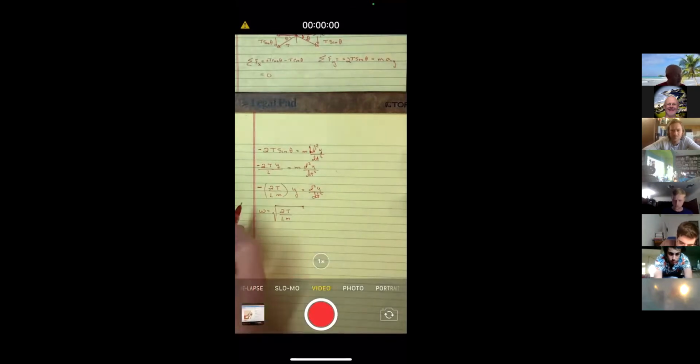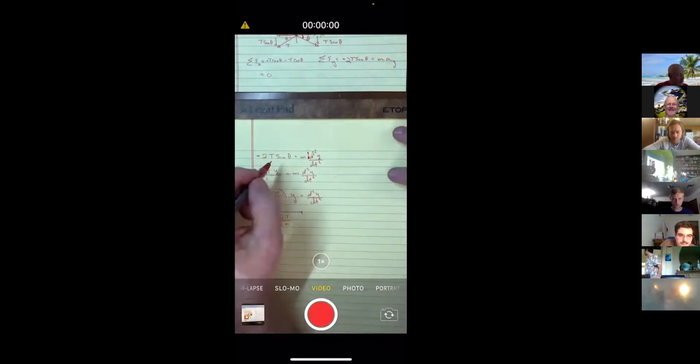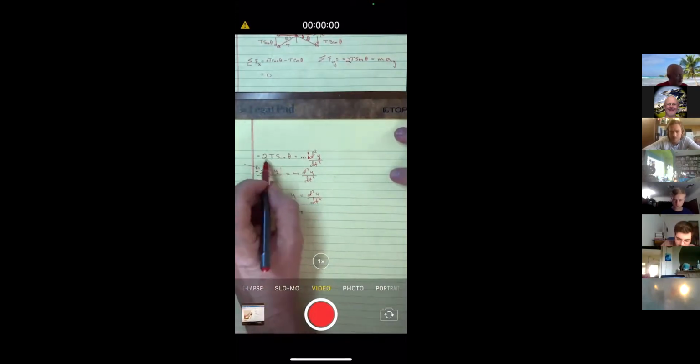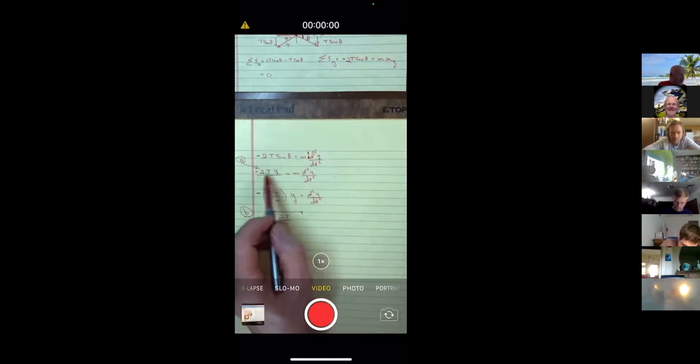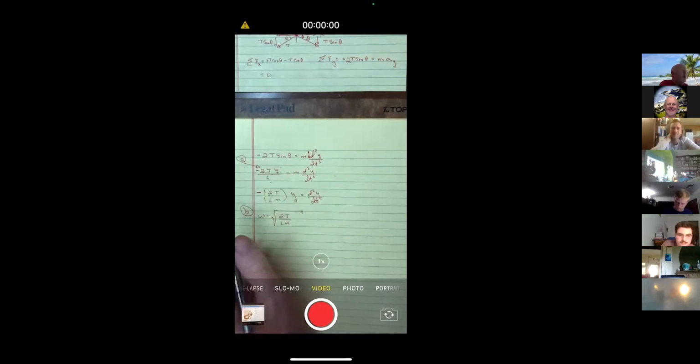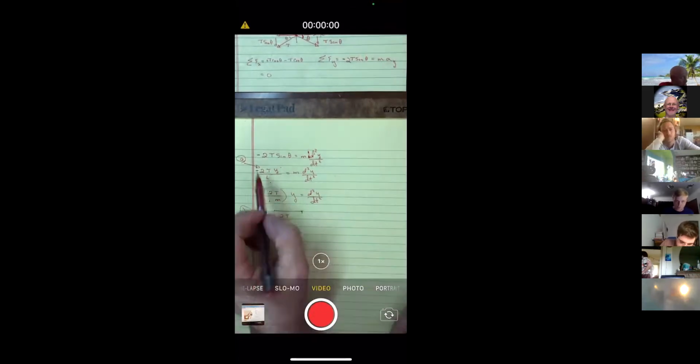So I guess this is actually the answer to B. The answer to A was back here at this step, where I said that this would be the restoring force, the 2Ty over L. Just check, 2T over L times y. Yeah. So there's A and there's B.